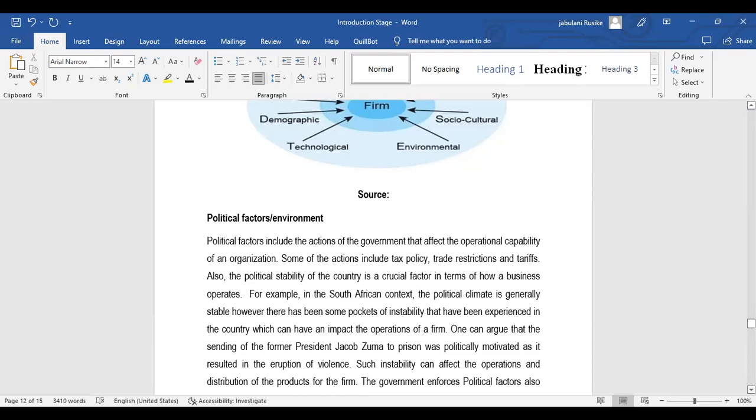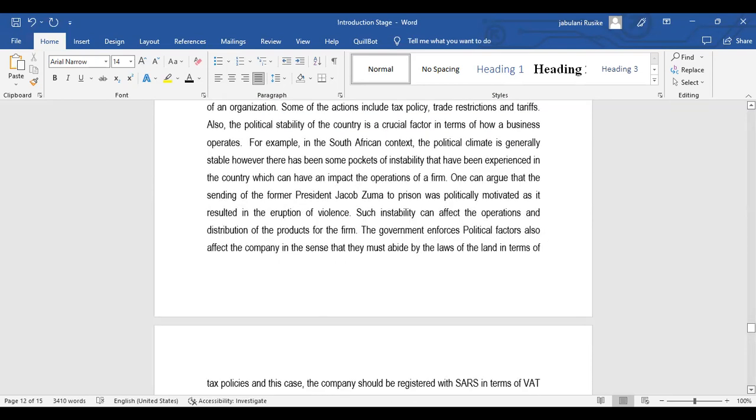So for example, in the South African context, the political climate is generally stable, right? However, there are some pockets of instability that have been experienced in the country, which can have an impact on the operations of a company. So one can argue, and remember, if you're a marketer, if you are in academia, you should be able to argue, to critique, as long as you can support whatever you are saying.